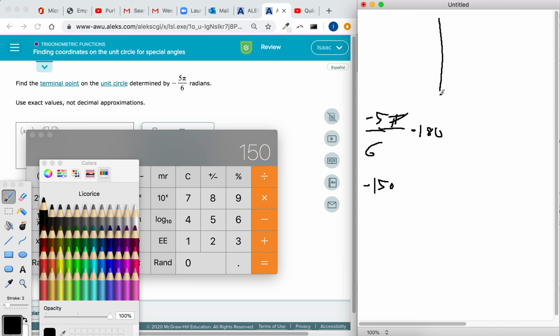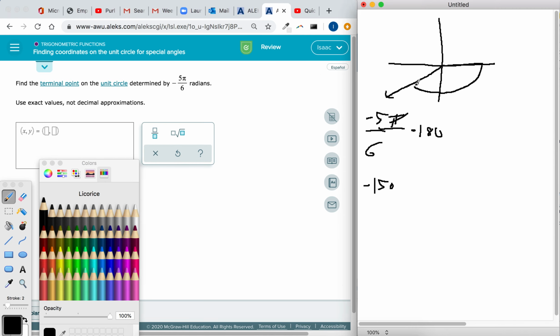So negative 150 degrees just means from that initial side, you rotate clockwise. You go the opposite direction. Here's negative 90. So negative 150 is somewhere here because it's not quite negative 180. So there's our side length. We need to know these x and y coordinates. So if this is negative 150 degrees, then we have 30 degrees left here.